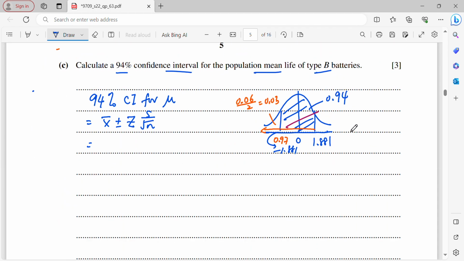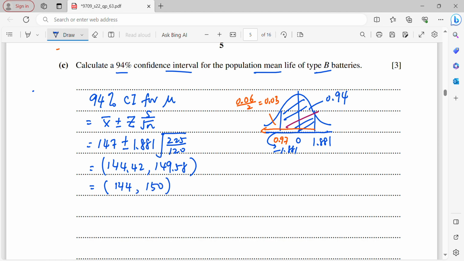So here I will get 147 plus minus 1.881 times the square root of 225 divided by 120. Now you will get 144.42 and 149.58. But since we need to give our answer correct to 3 significant figures, I will round to 144 and 150. So this is the 94% confidence interval for mu B.